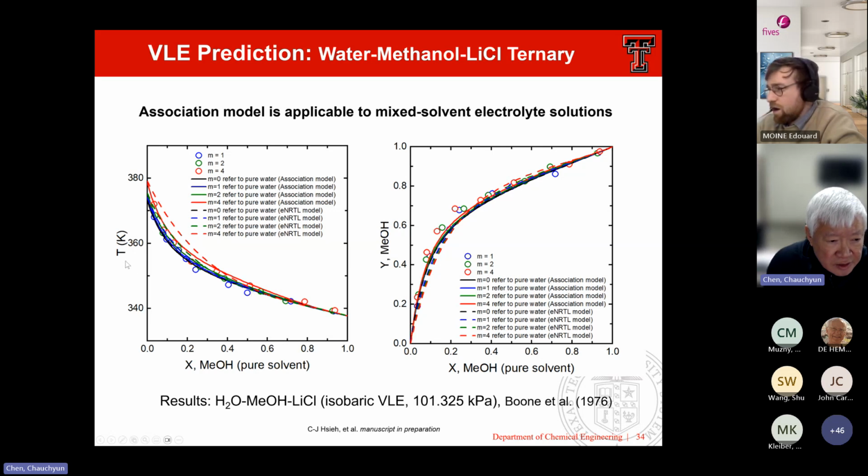And this, of course, is constant pressure isobaric data. So we see the temperature variation with the methanol content. And as we vary lithium chloride concentration, the model predicted the phase diagram.